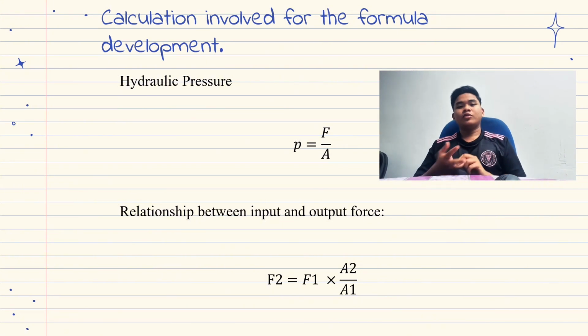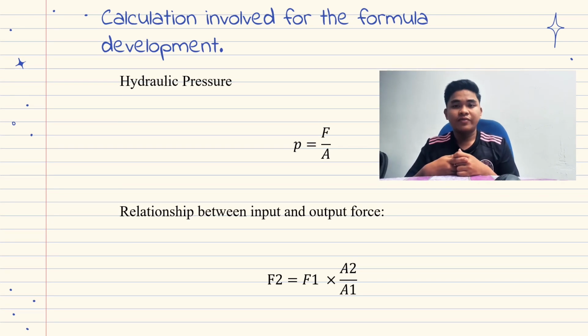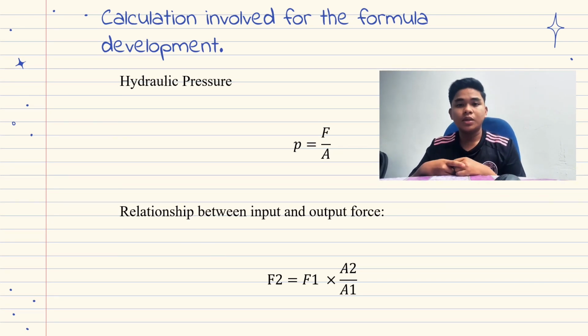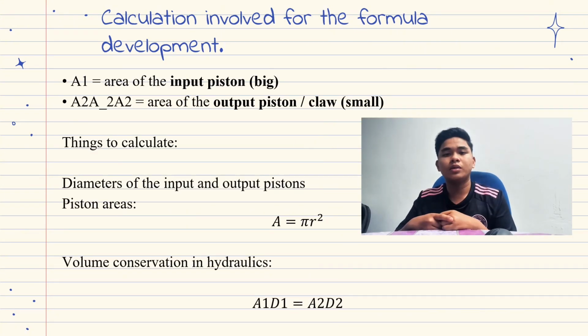To develop the formula for the hydraulic system, we start by calculating hydraulic pressure, which defines pressure as force divided by area. Then we establish the relationship between input and output force, where A1 and A2 represent the areas of the input and output piston respectively.